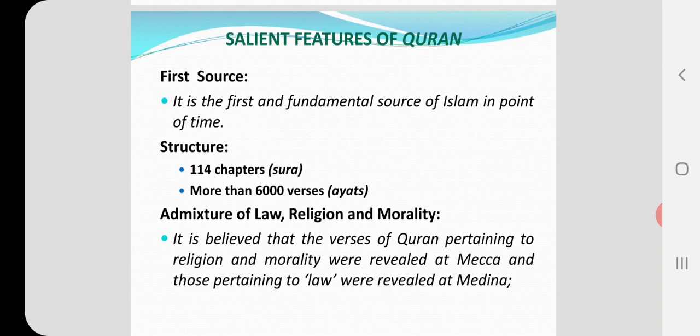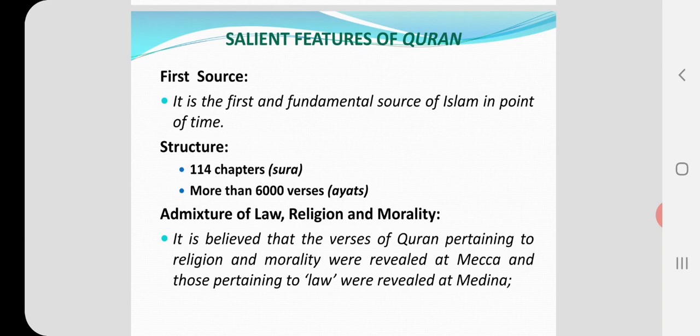As I told you about the structure of the book, this book has 114 chapters, and there are more than 6,000 verses. As far as the chapters are concerned, the size of chapters is of varying nature. Some of the chapters are very big.